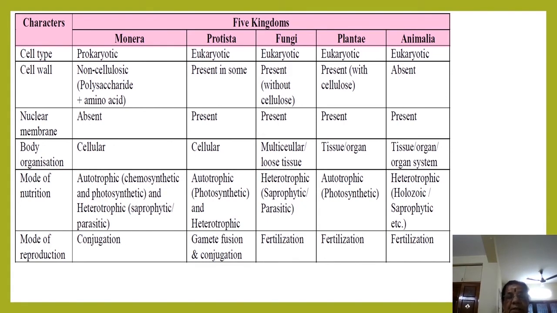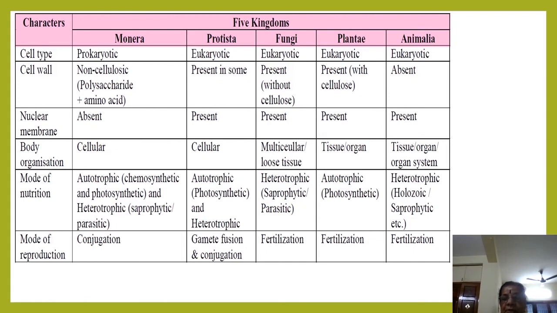And they may be heterotrophs as parasite or saprophyte, whereas Protista they are photosynthetic, or again autotroph or heterotroph. In Fungi we say they are heterotroph, right? They are parasitic or saprophytic. And Plantae photosynthetic, and Animalia they are also heterotrophic in nature.